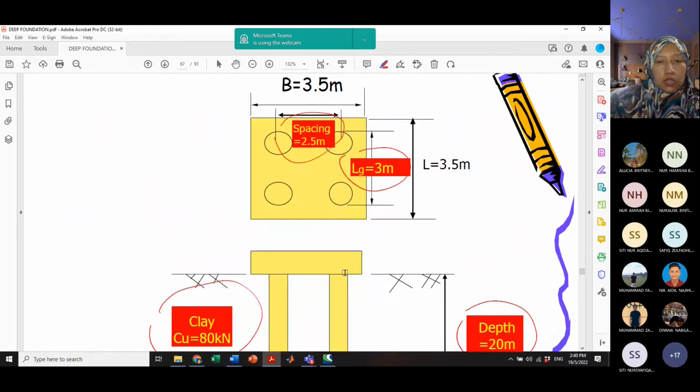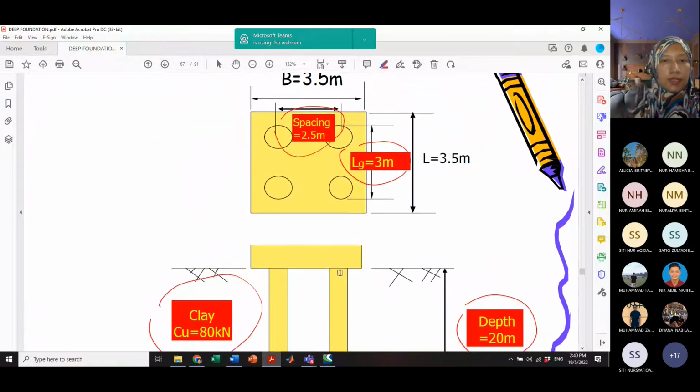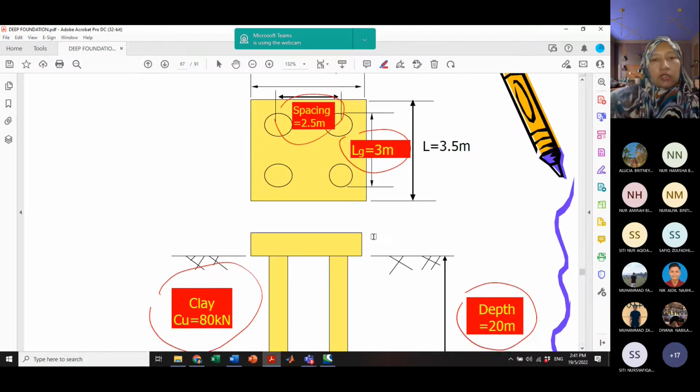You are asked to estimate the ultimate bearing capacity of the group pile, the individual pile, and also estimate the equivalent Q. The pile cap length and width is 3.5 by 3.5, and the spacing center pile to center pile is 2.5. Lg is 2.5 plus 0.25 plus 0.25, so you will get 3.